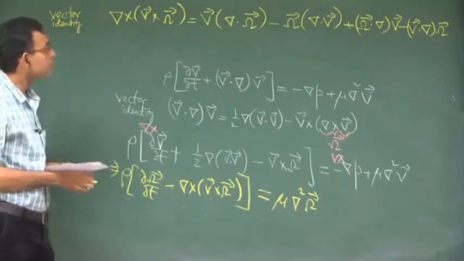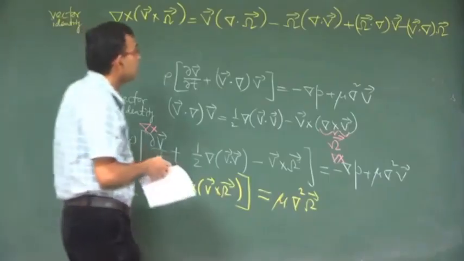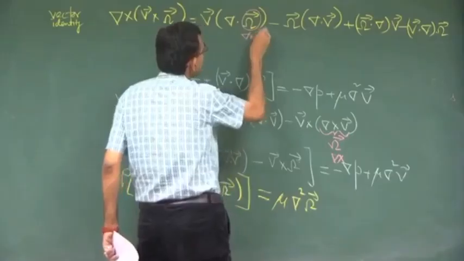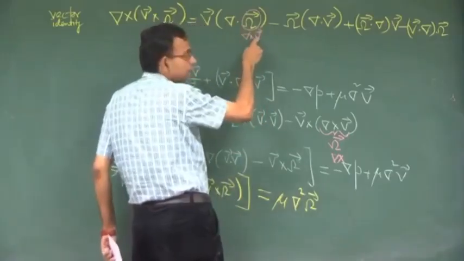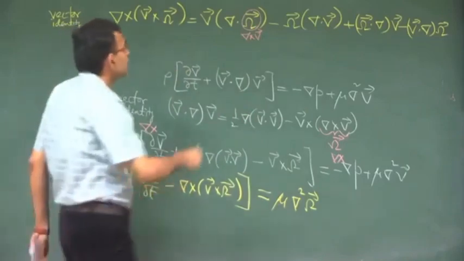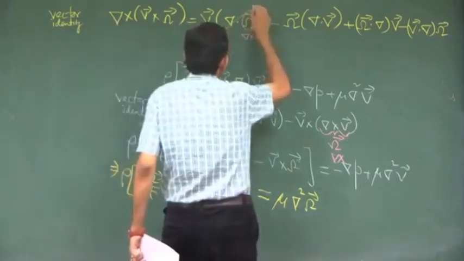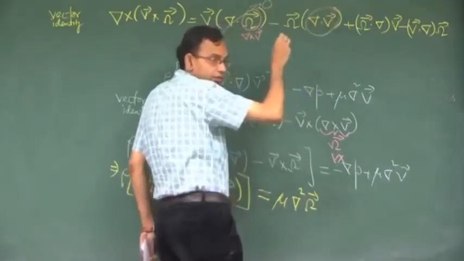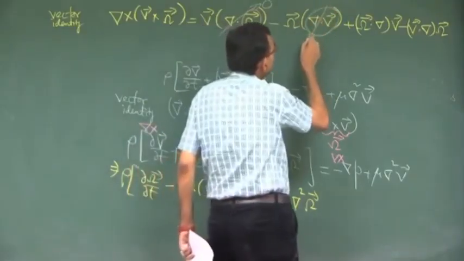So, now remember this is curl of, so divergence of curl of a vector, this is 0. For incompressible flow only this is 0, right, 0 for incompressible flow.